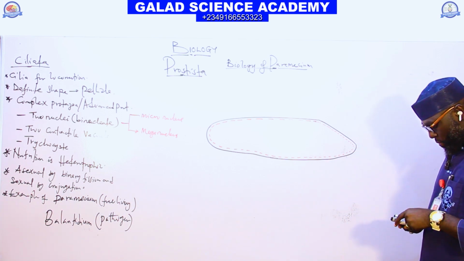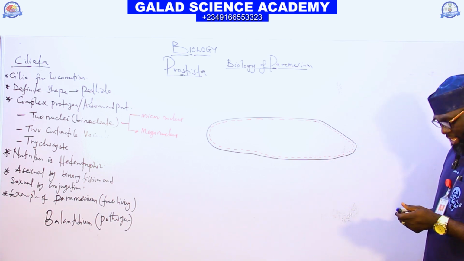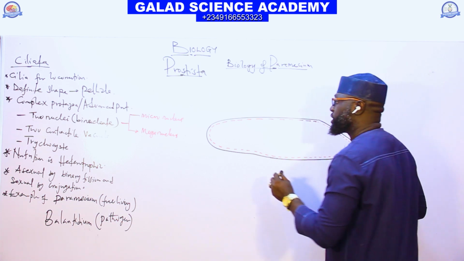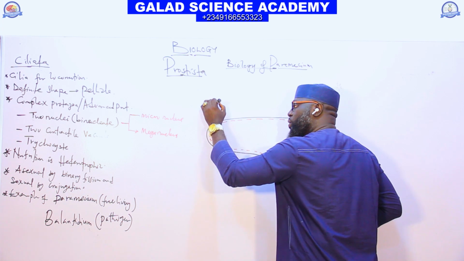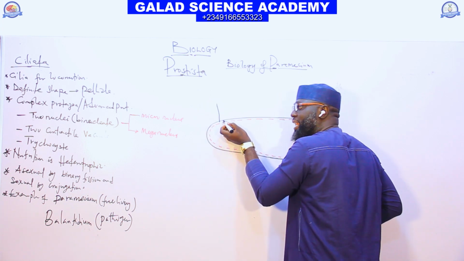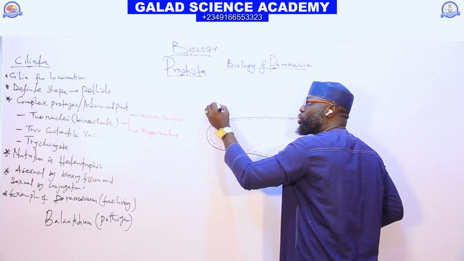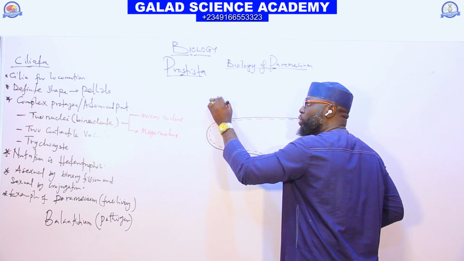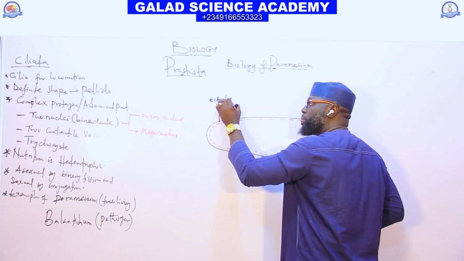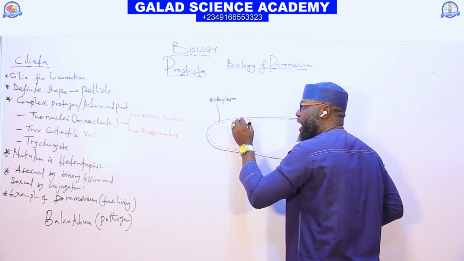This line is the one that shows the difference here. The space between this black line and the red line, we call it ectoplasm.